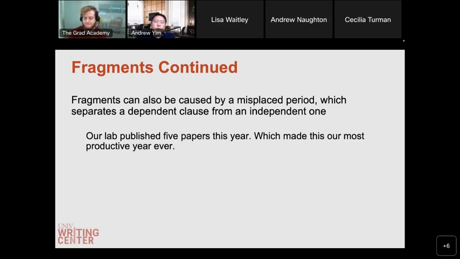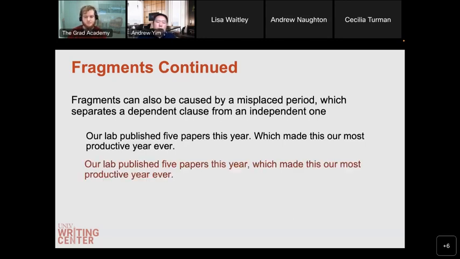In this case, the first sentence can stand on its own, but the second one cannot. We could use a period, or we can switch the period to a comma, and then take the capital letter in which and make it lowercase. That would help turn the dependent clause into part of an independent one, and it would help with the overall structure and flow.